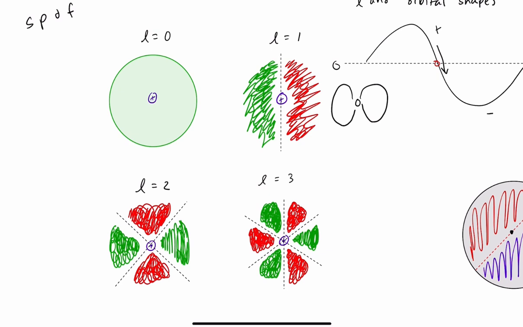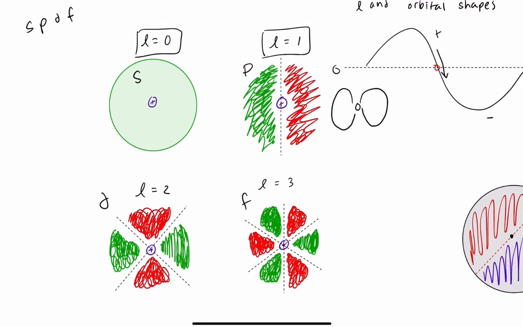If an electron is in the L equals 0 angular momentum quantum number, it's going to get an S. Moving on, if it's in the L equals 1, it's going to get a P. If it's on the L equals 2, it's going to get a D, and if it's in the L equals 3, it's going to get an F.